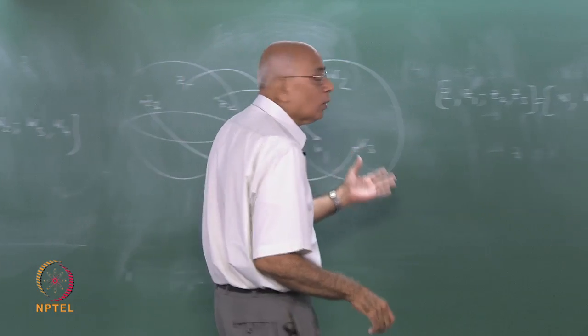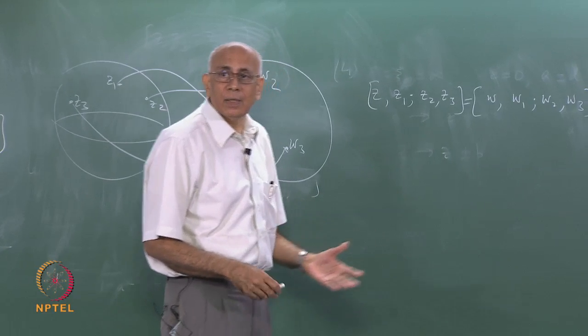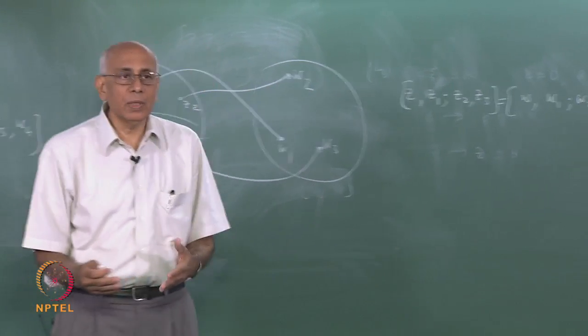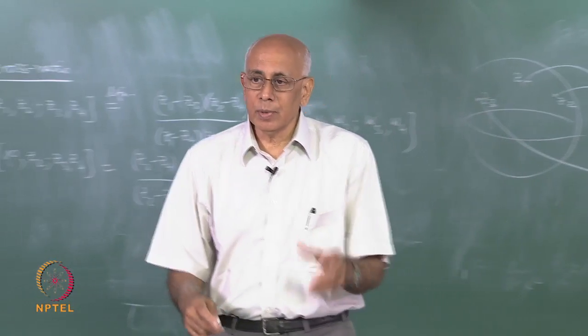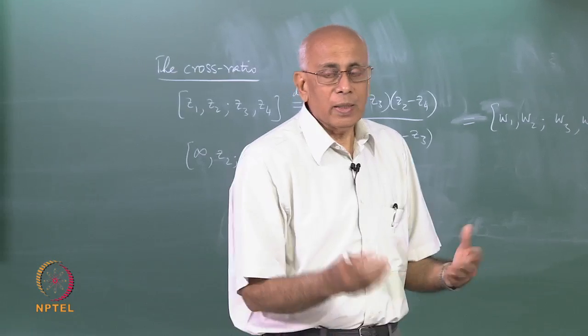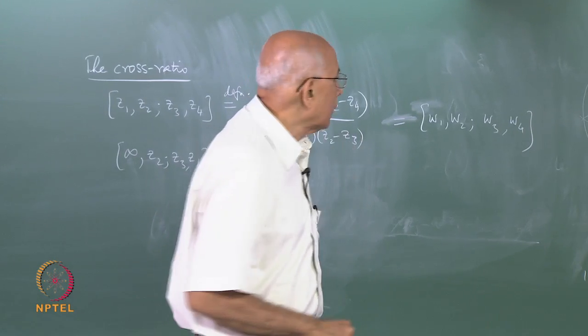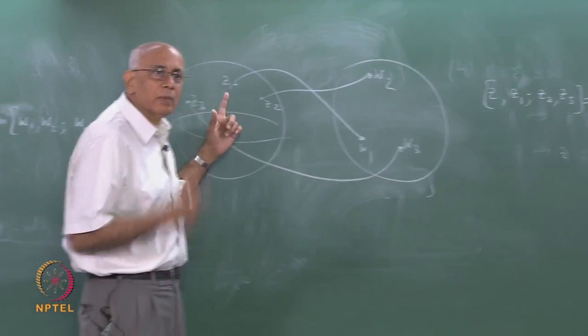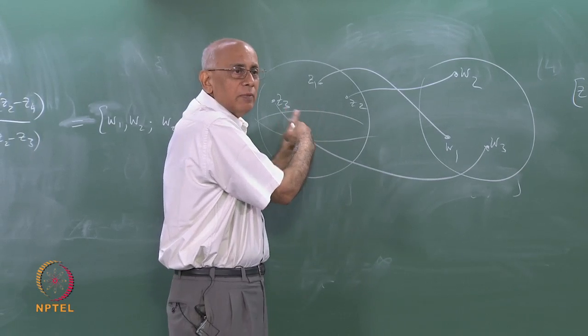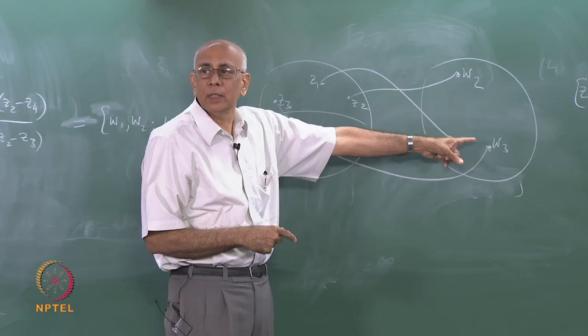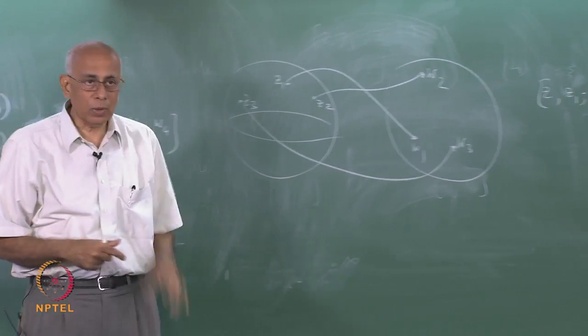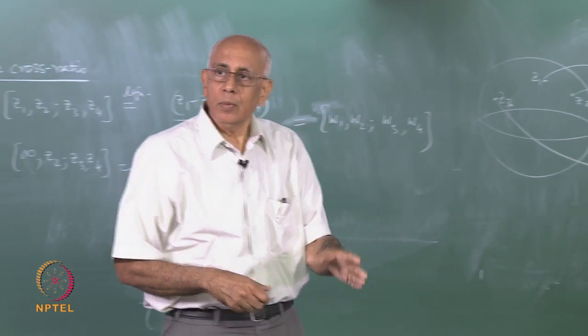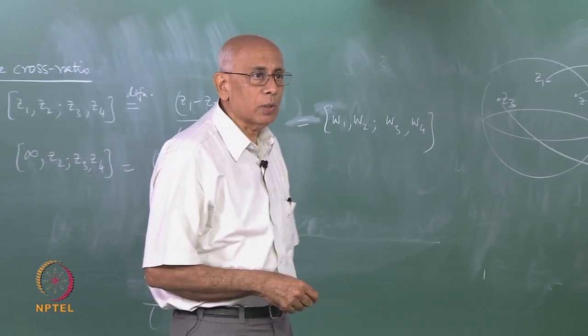And now just write this out and solve for W in terms of Z, and you know that it is a Möbius transformation and it is unique completely. So there is a unique transformation which takes any 3 specified points to any other 3 specified points. There is one and only one Möbius transformation which takes you from one to the other.